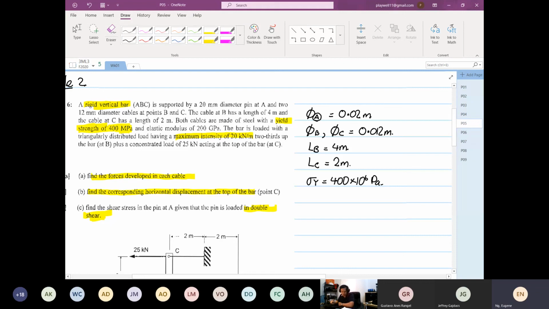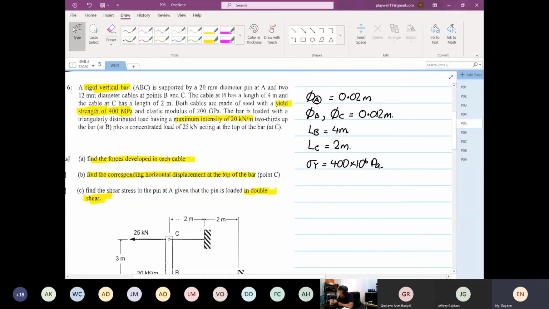And we are given that Young's modulus is equal to 200 times 10 to the power 9 Pascal.